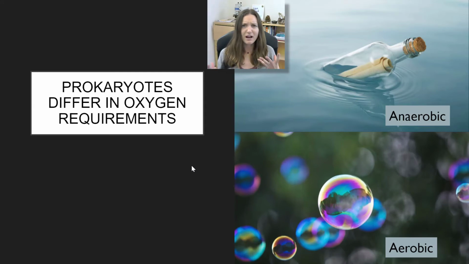The reason why oxygen is important is because oxygen is what basically helps us finish off the process of cellular respiration, the process that we use to build ATP. With oxygen around, we can build a lot of ATP through aerobic respiration, right? But not all prokaryotes can do this. Not all prokaryotes need that oxygen.